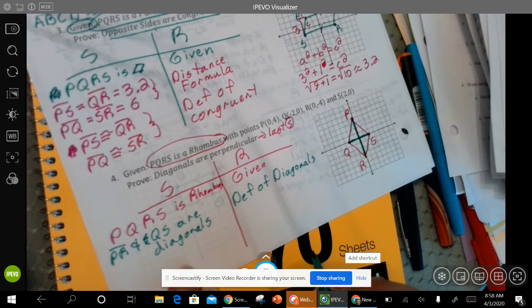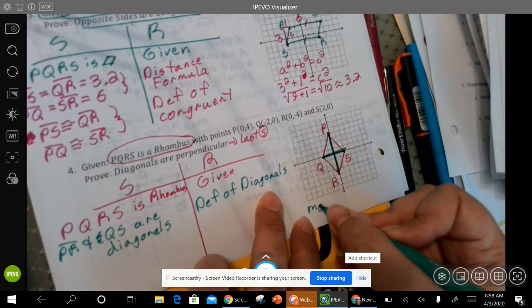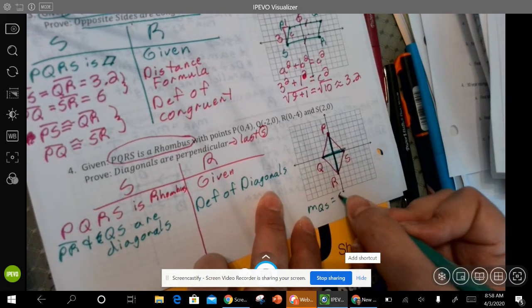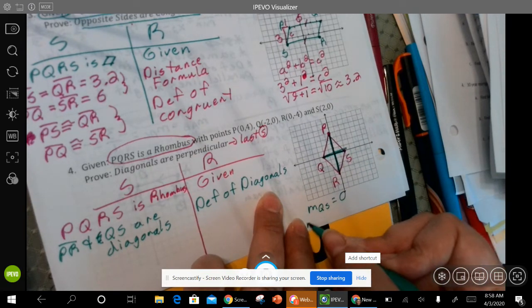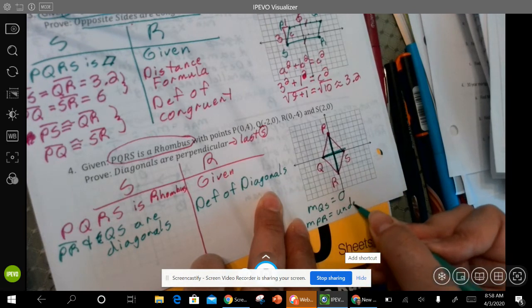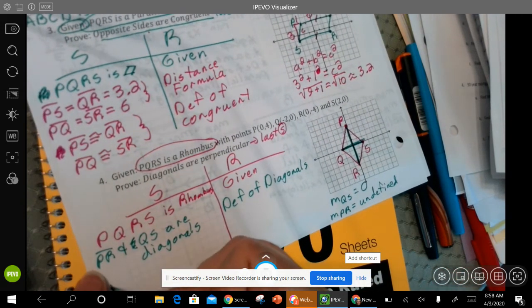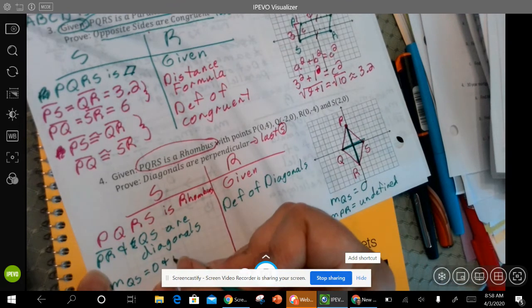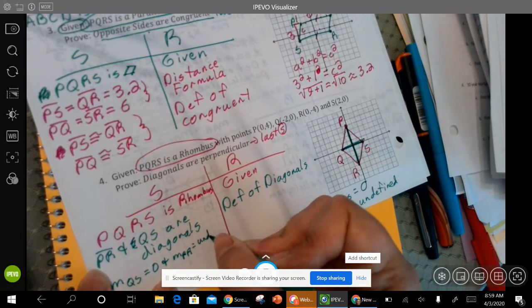Okay, and what we know, remember, if it's horizontal, the slope for QS is 0. For vertical lines, the slope is undefined. So that means over here, the slope of QS is 0, and the slope of PR is undefined.